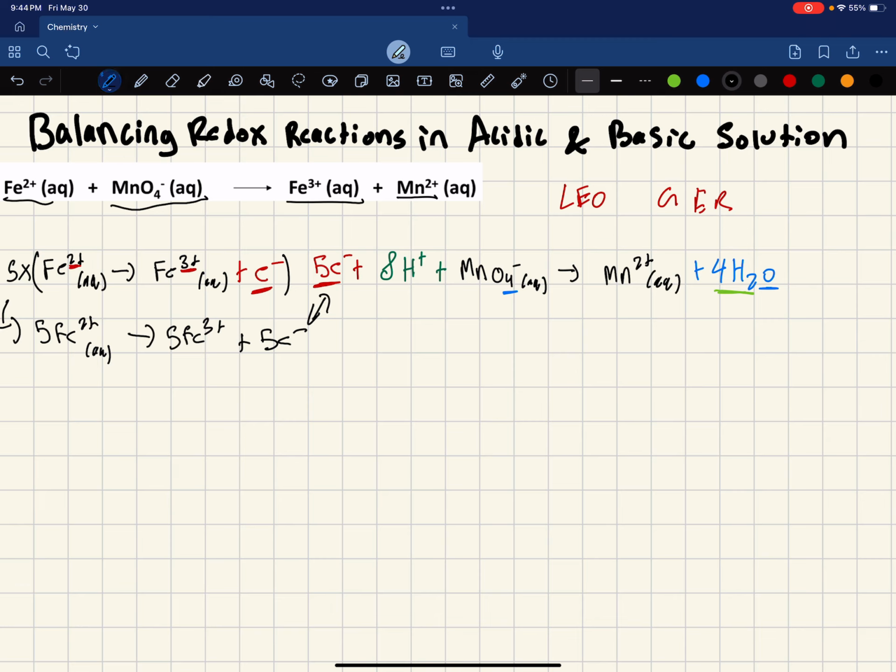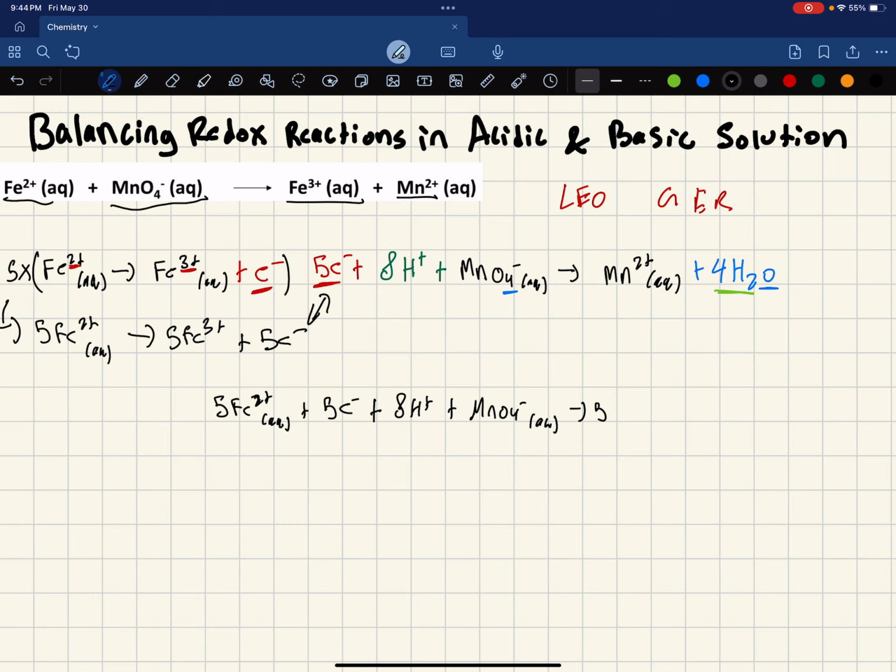So I'll do it right here. So we have 5 iron 2 plus, 5 electrons, plus 8 protons, plus 1 manganese oxide. And now we're going to the other side.